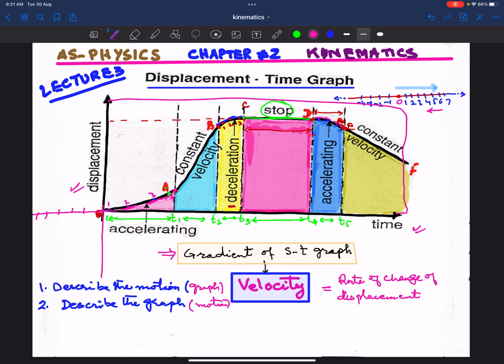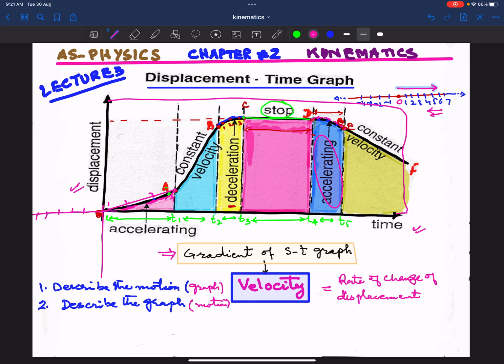And as you can see, the gradient is continuously increasing, that is, velocity is continuously increasing, so the body is accelerating. This is the most important point to remember. Here the body is accelerating between point O and A in the positive direction. And in this part from D to E, the direction of motion of the body has changed, it is going in the opposite direction, but the negative velocity is increasing.